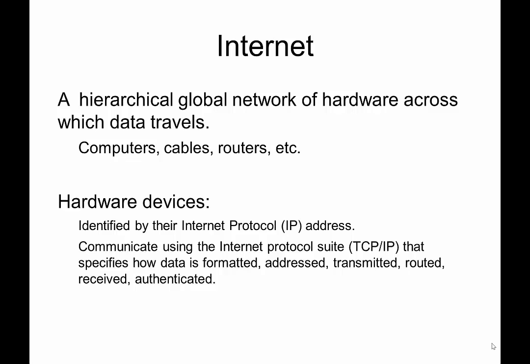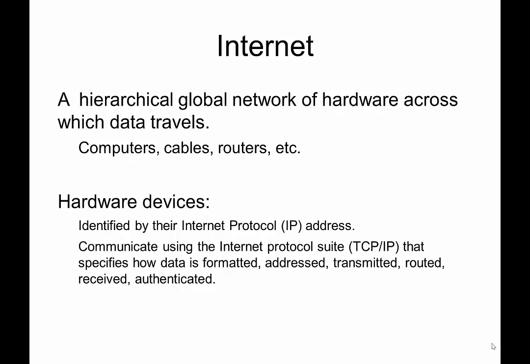It's made up of computers, cables, routers, and other equipment that I don't know much about. So it is this global physical network made up of hardware devices of various kinds.